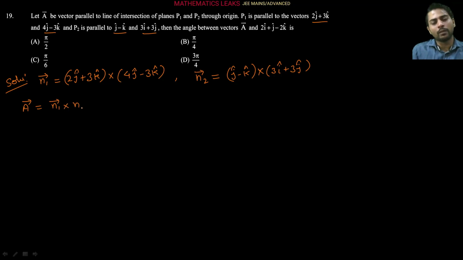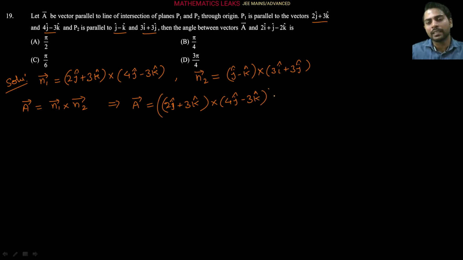So we can get from here, that is here 2i cap, 2j cap plus 3k cap, cross product with 4j cap minus 3k cap, with N2, that is j cap minus k cap, with 3i cap plus 3j cap, right?